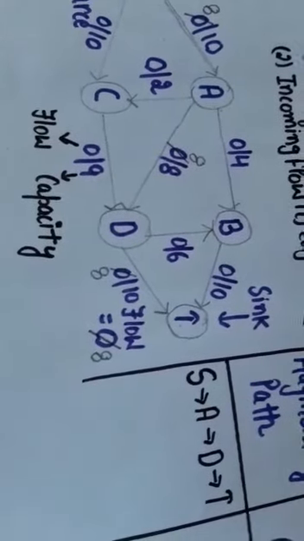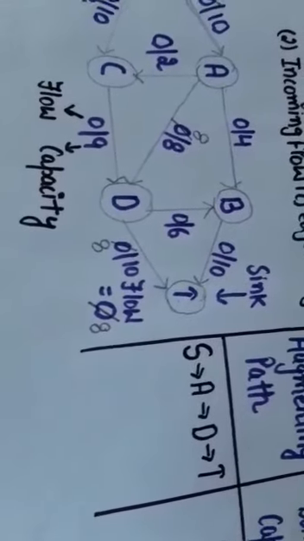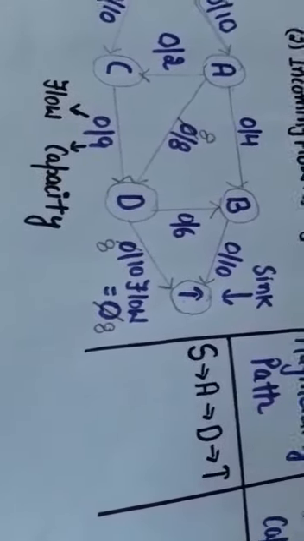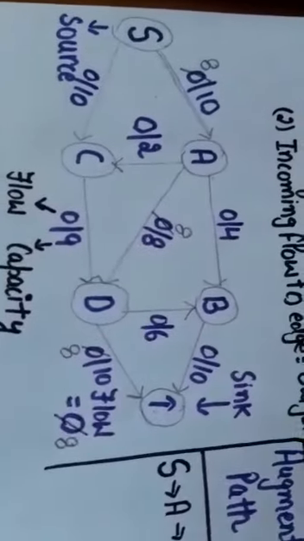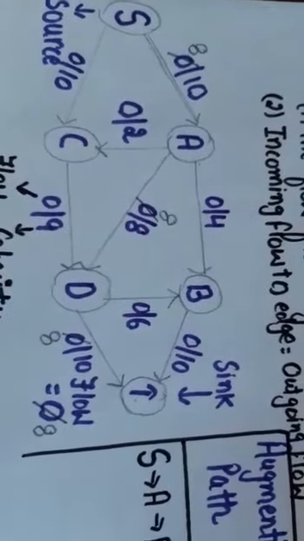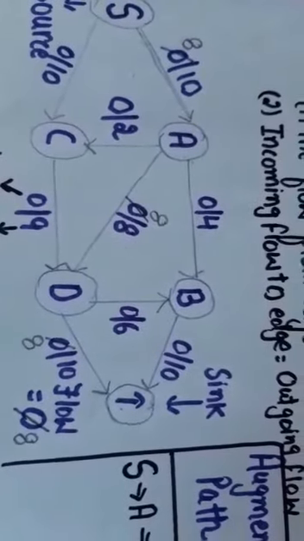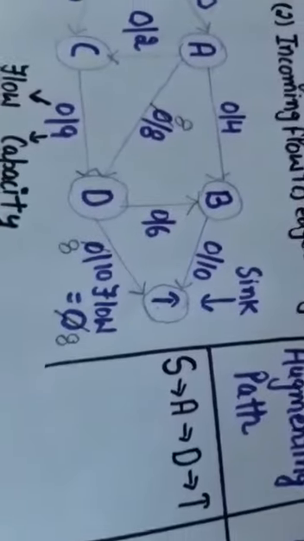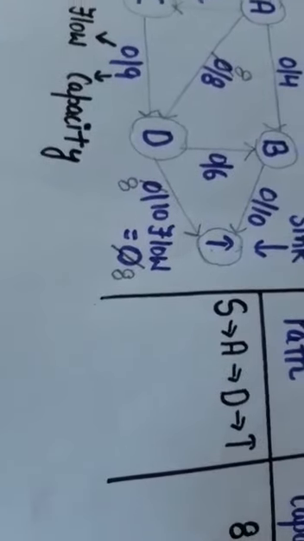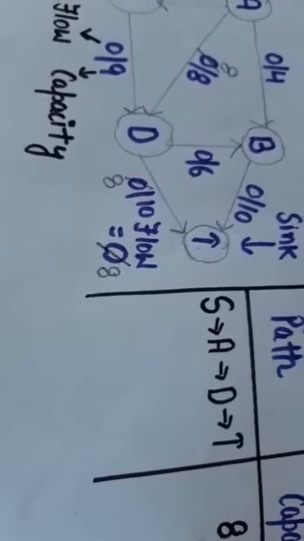So after taking 8 in flow, it will give 8 outflow and it will go to T, right? So I have updated the values here. Initially the flow was 0, but once I have taken the path, the flow becomes 8, next 0 becomes 8, and next 0 becomes 8, right?